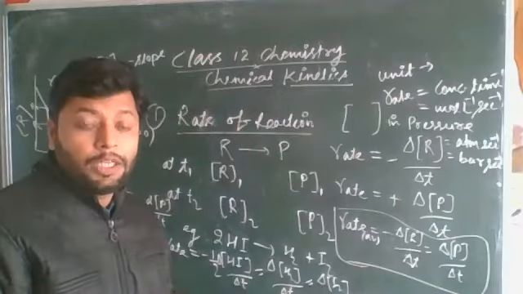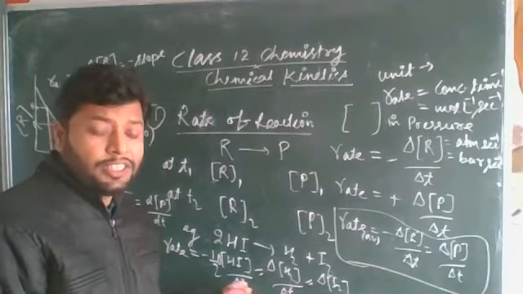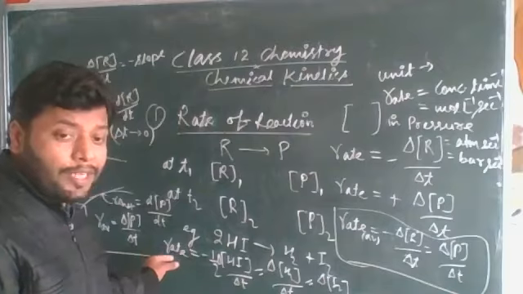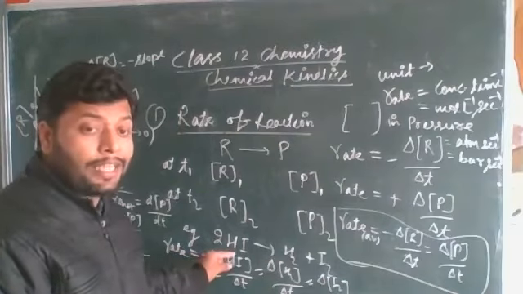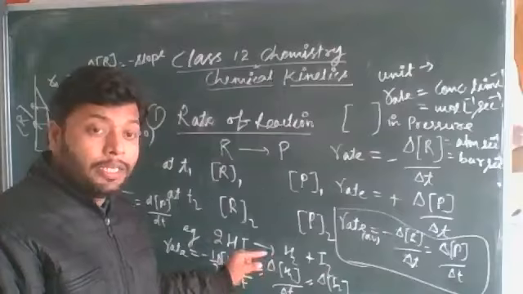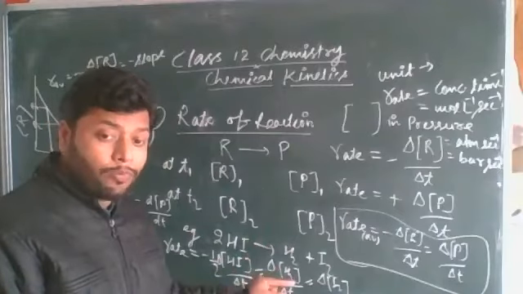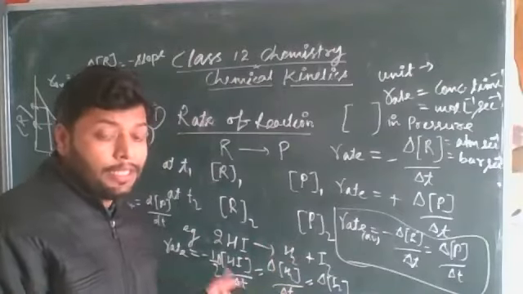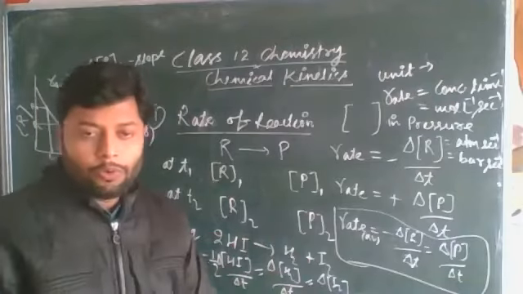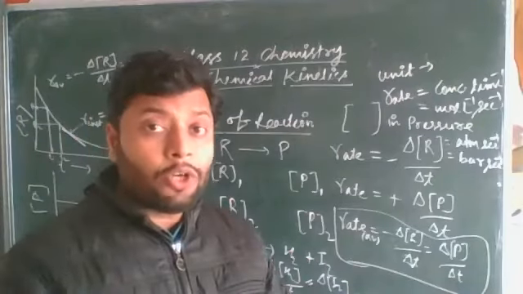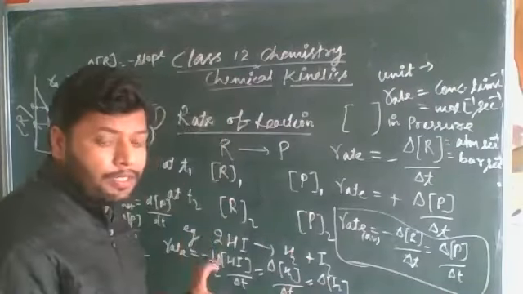Look at the possibility. Here you can see that the average rate of reaction for this given reaction is minus 1 by 2 delta HI upon delta t, equal to delta H2 upon delta t, equal to delta I2 upon delta t. Here I am just putting the value 1 by 2. What information can you draw from this given statement?